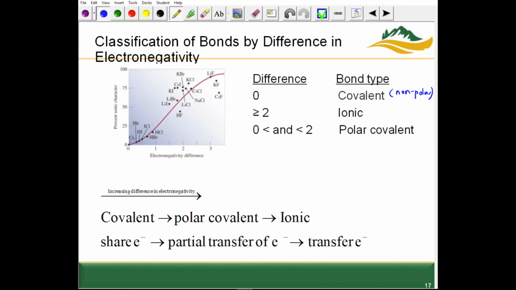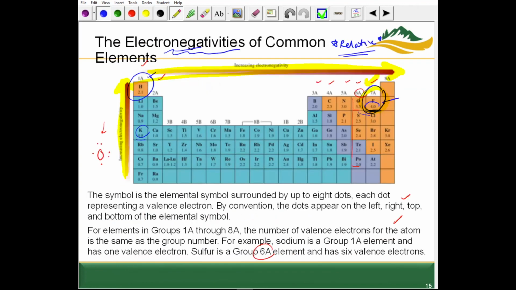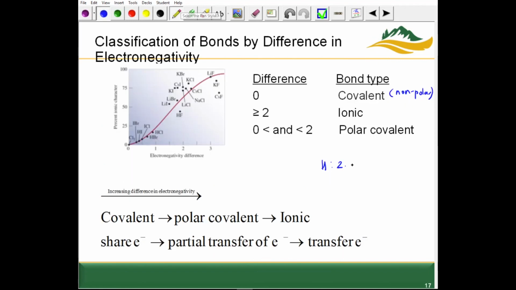And using these numbers of relative electronegativities, we can predict the category of bond between two atoms. For instance, for HF, hydrogen's electronegativity is 2.1 and fluorine is 4.0.